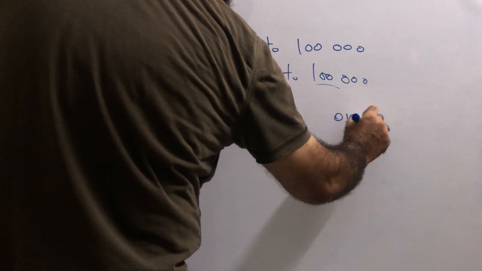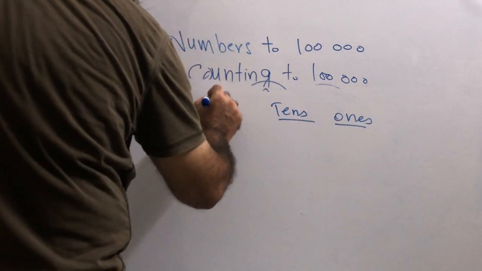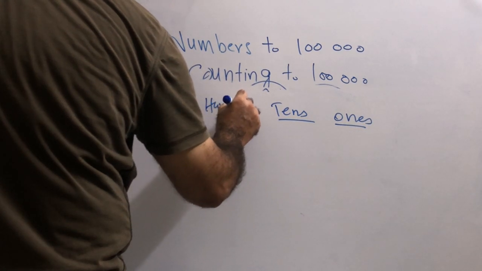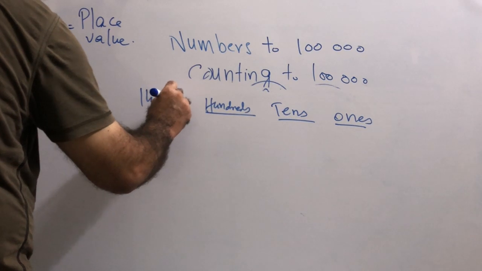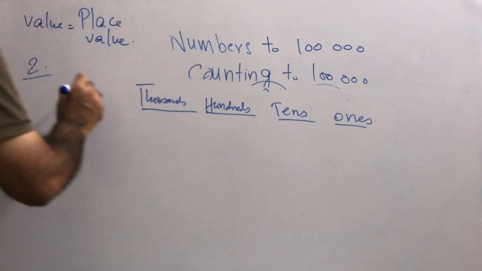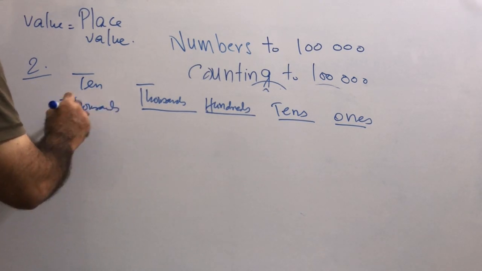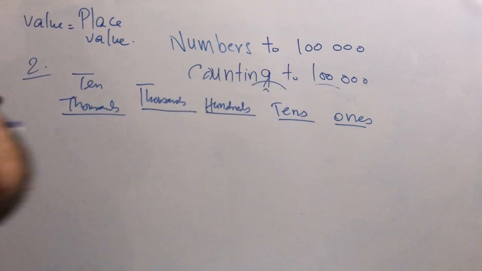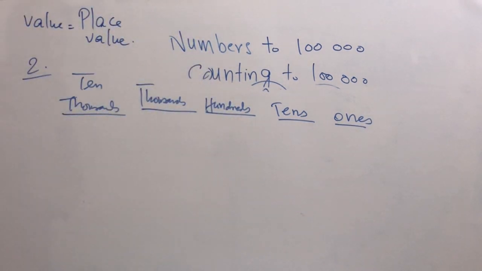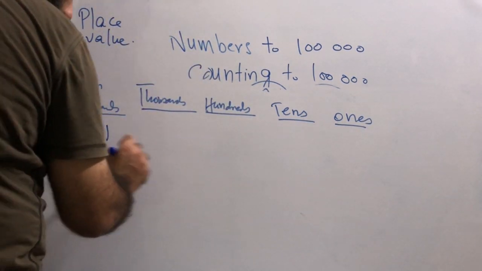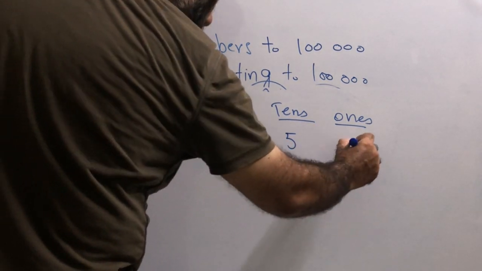We'll write ones, tens, hundreds, thousands, 10,000s. This you need to remember, memorize. Ones, tens, hundreds, thousands, 10,000s. Okay, and the given number is 1, 4, 3, 5, 9.